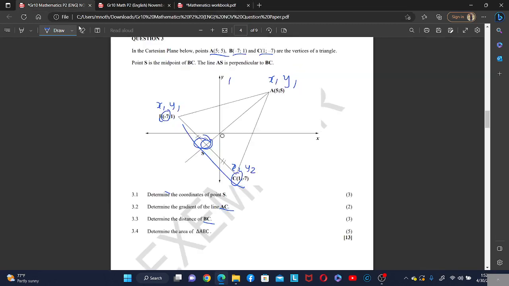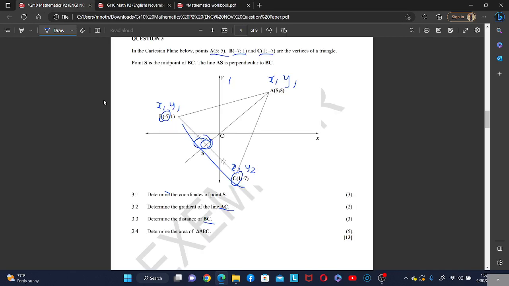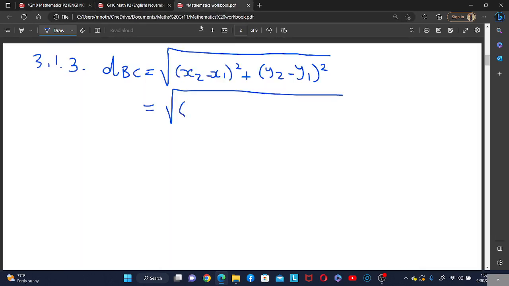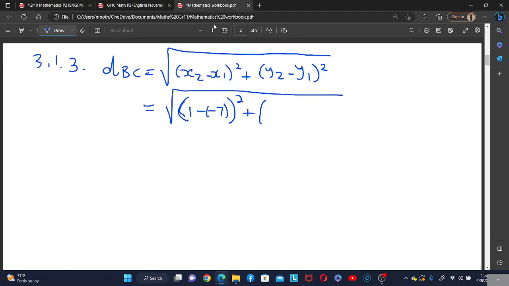So for the distance of BC, the points are already named. We have x1 and x2. So x2 minus x1: x2 is 1 and x1 is -7. So we're going to have 1 minus -7 squared, plus y2, which is -7, minus y1, which is 1, squared.